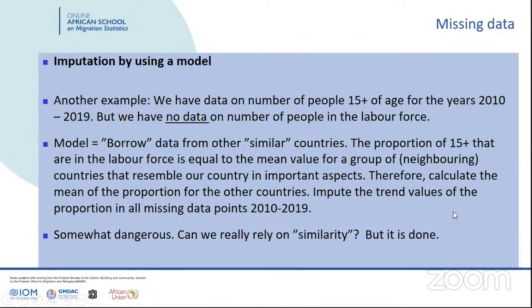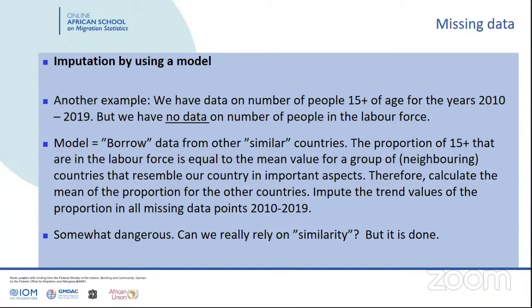This example is much more tricky because in this case we have no data at all on the people in the labor force. Well, what can we do? We can borrow data from other similar countries.